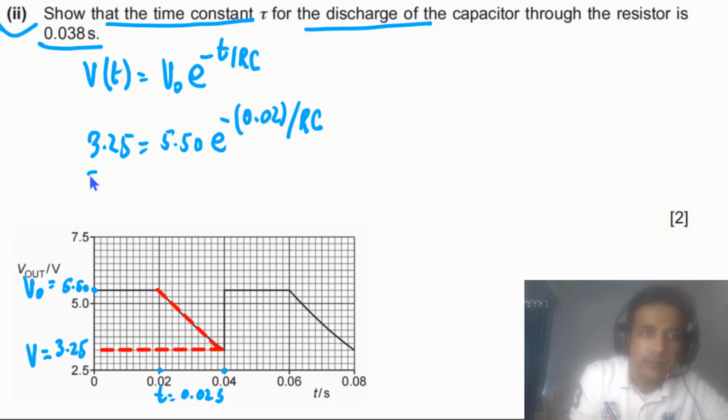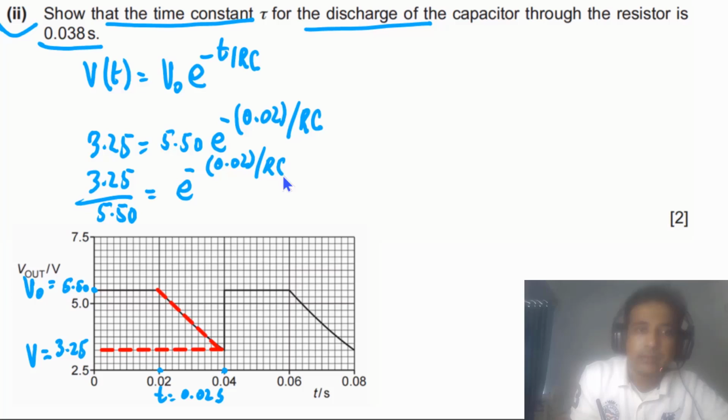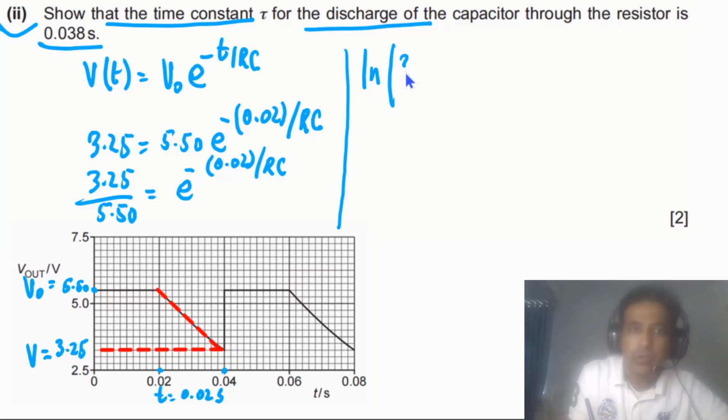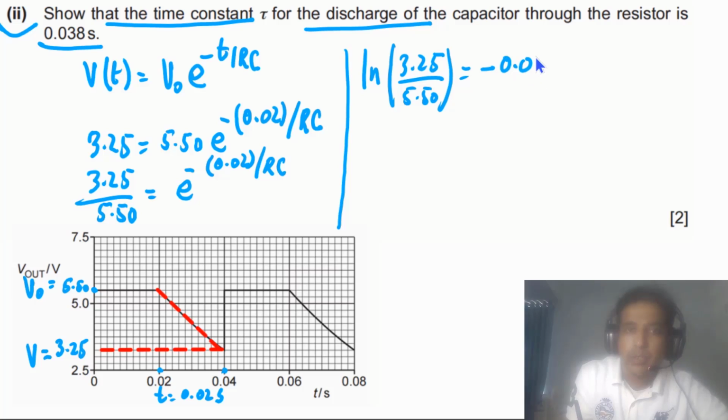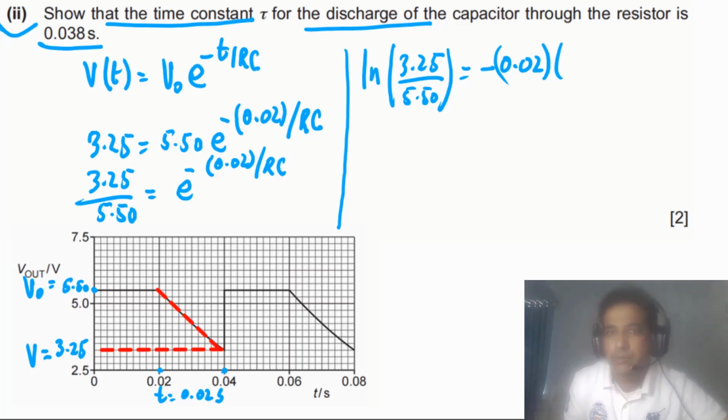We can simplify this one. We have 3.25 divided by 5.50, and here we have e to the power of negative 0.02 divided by RC. Now if we take the natural log on both sides, we can say ln of 3.25 divided by 5.50 is equal to negative 0.02 times, divided by RC.